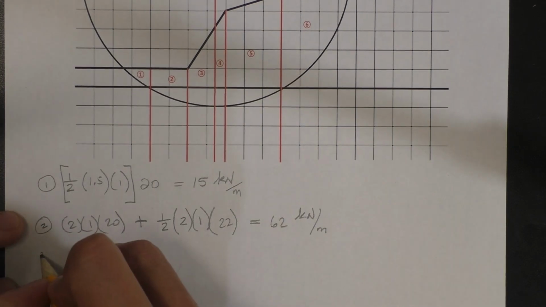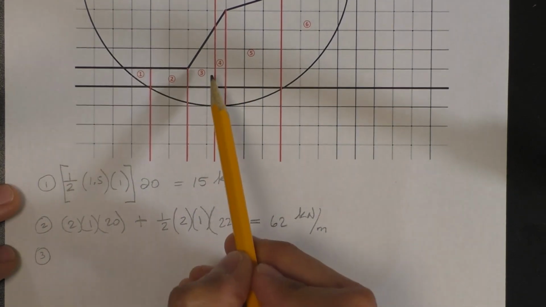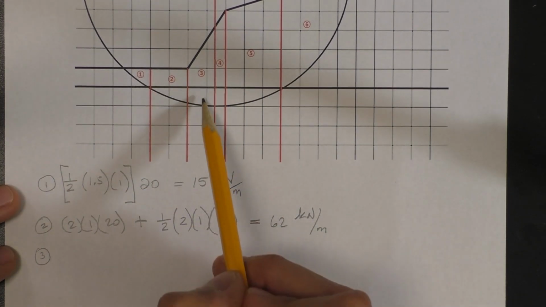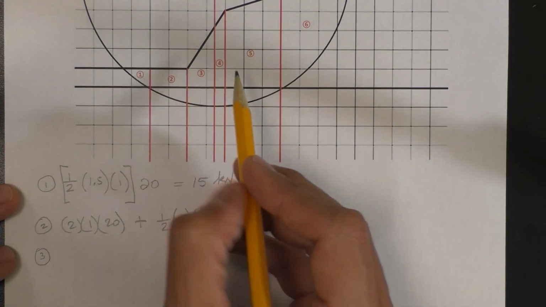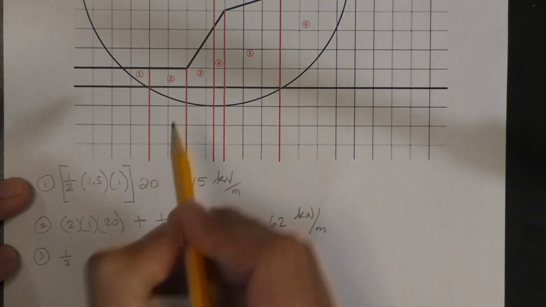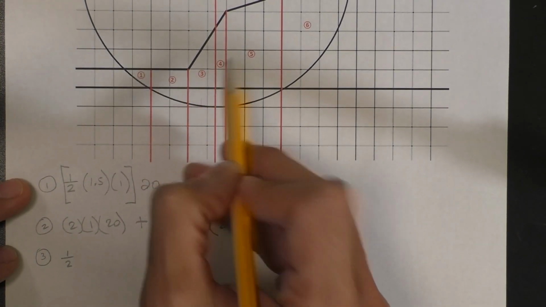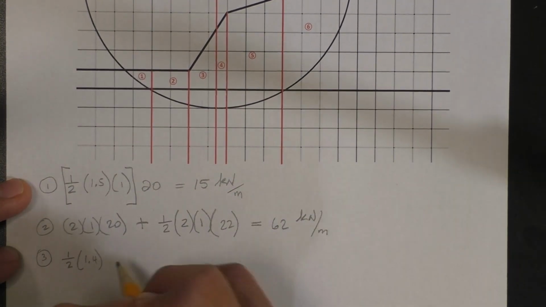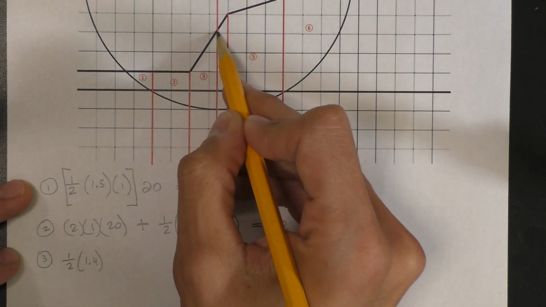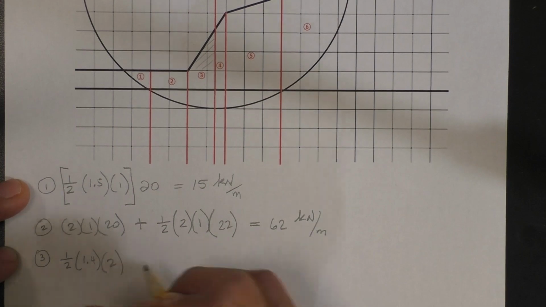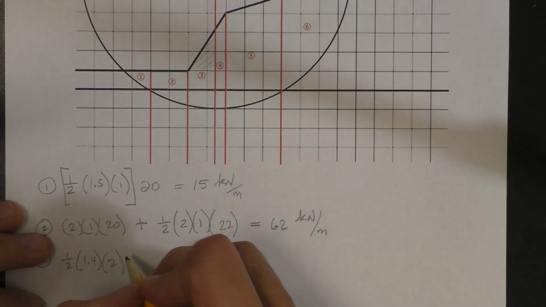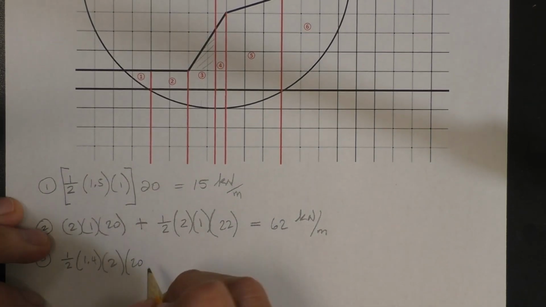Number 3 has also 2 components, one on top of the other, meaning 2 soils. So let's look at this triangle first. 1/2 times 1.4 times 2, that's this part. All that times 20 kilonewton per meter cubed.